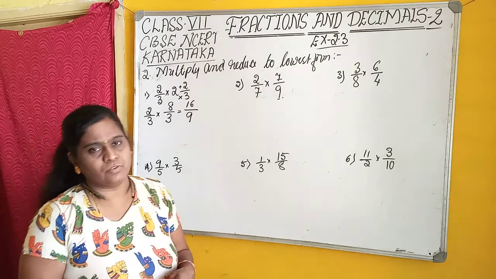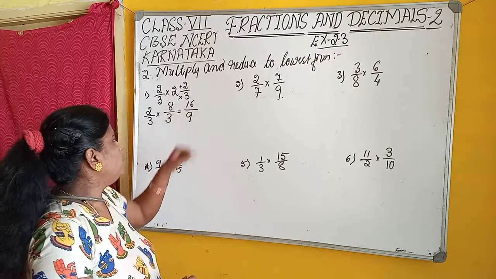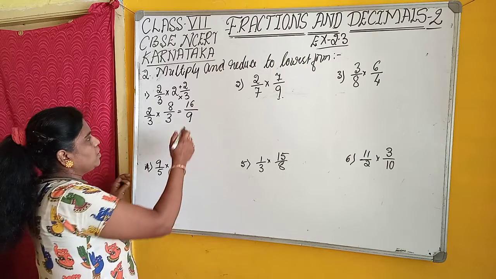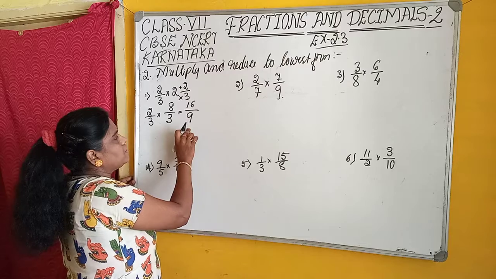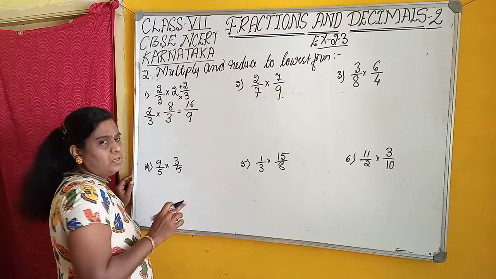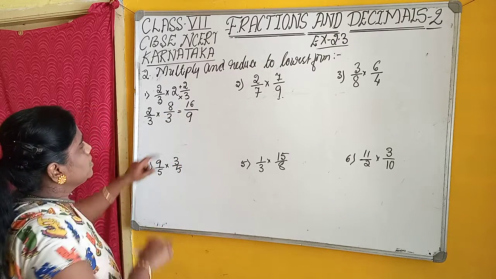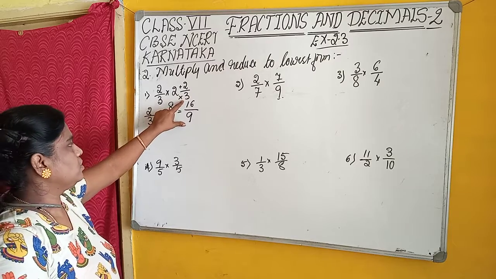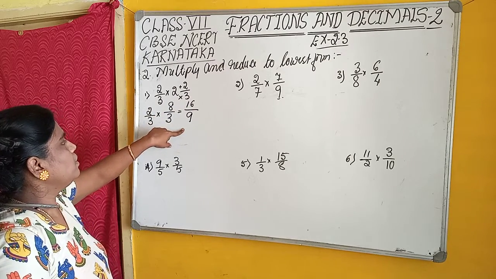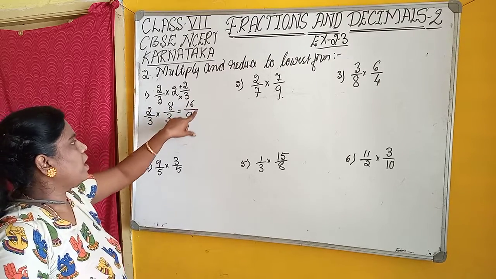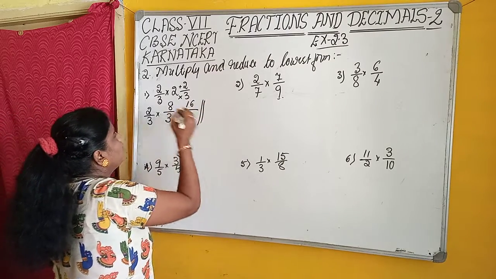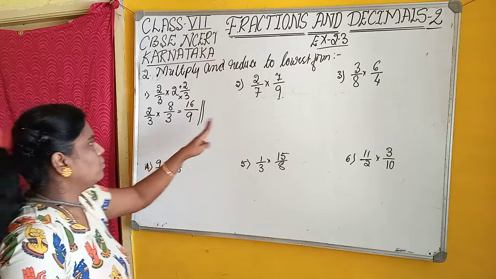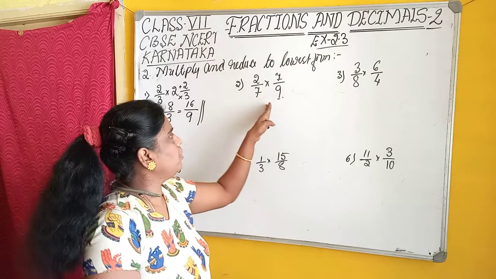For that, we have to find the common factor for this. 9 divides by 3, and also 16 divides? No. 16 by 9, is it possible? No. It's an odd number and it is an even number. Therefore, it is not possible to reduce. That's all. Now let us move on to our next problem.